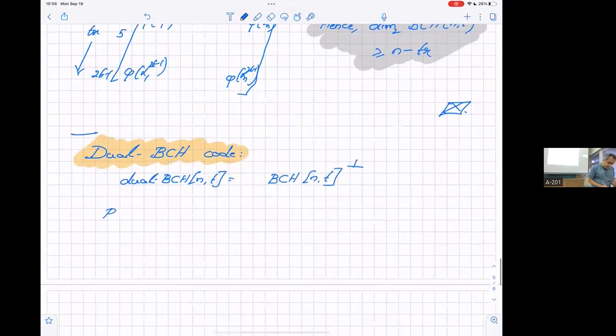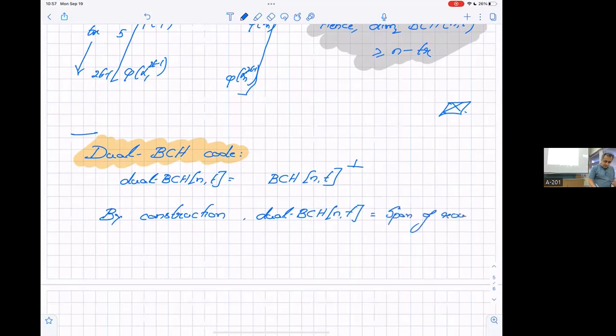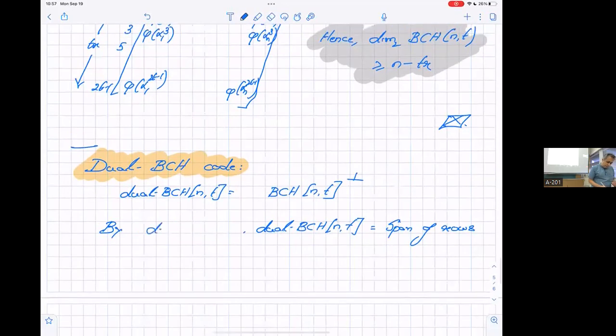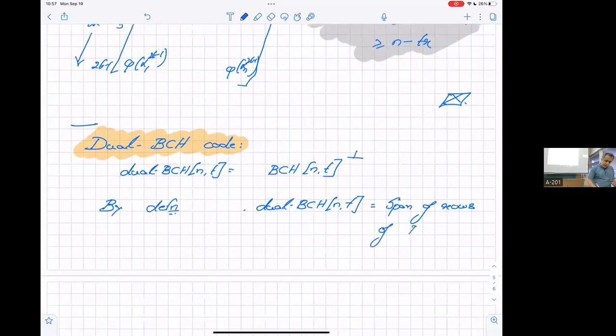The dual BCH is, by definition, the span of rows of the parity check matrix of BCH.